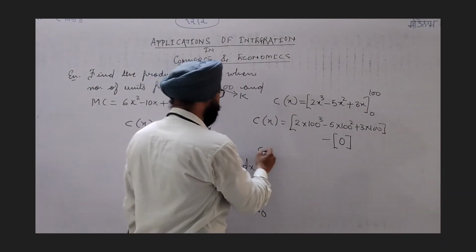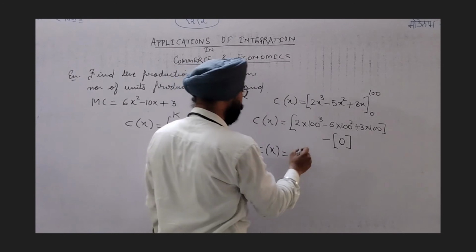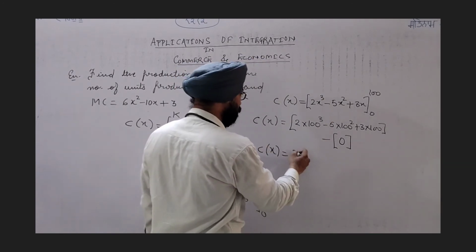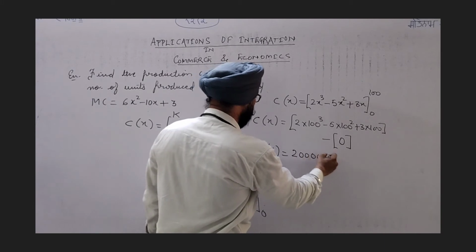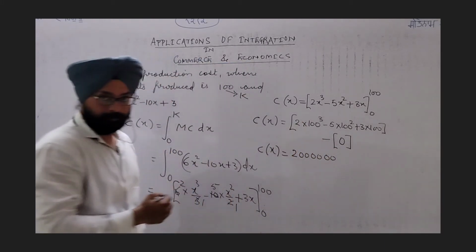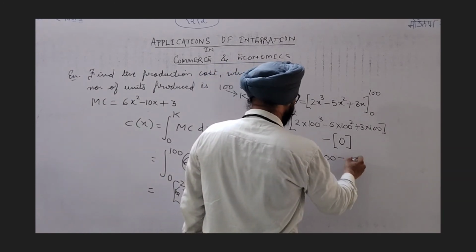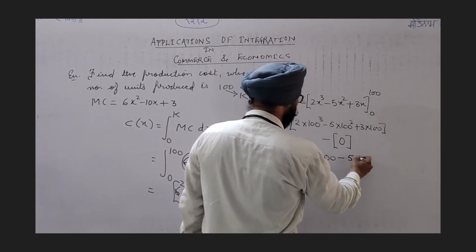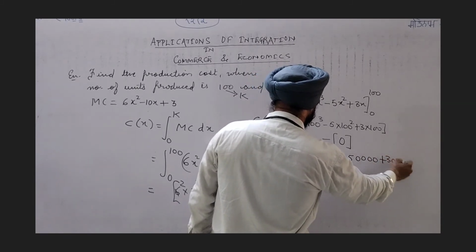Now, evaluation. This will make a big number, 2 followed by 6 zeros. Next, 5 followed by 4 zeros, plus 300.